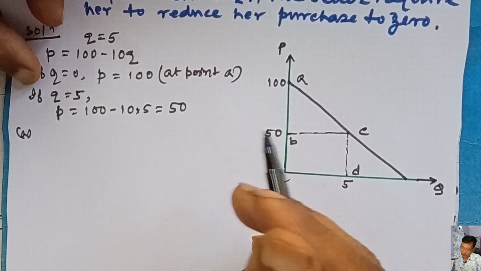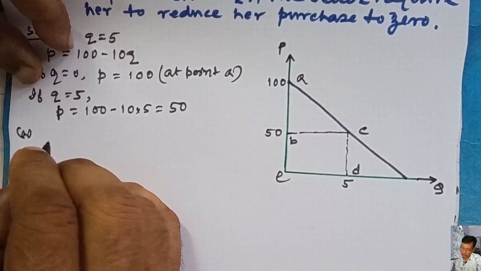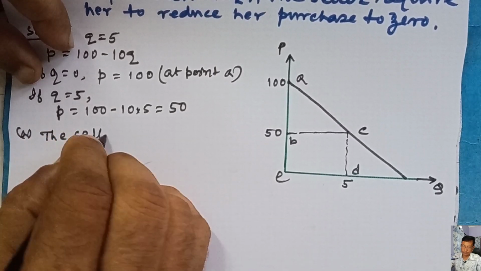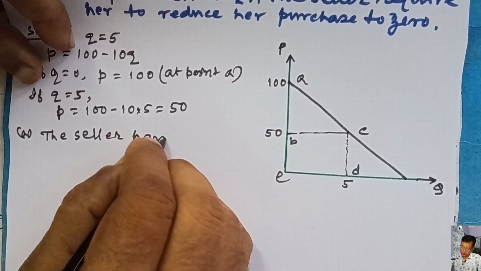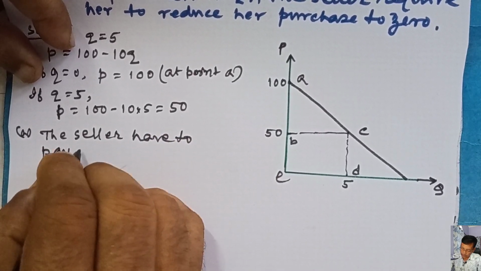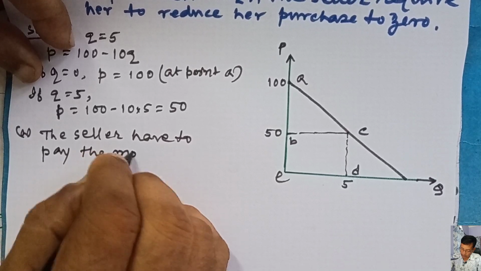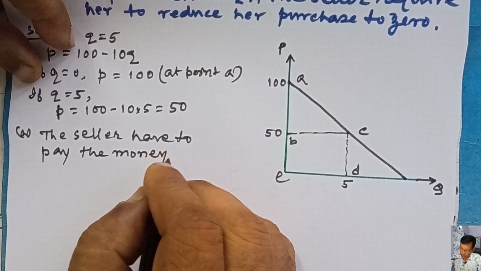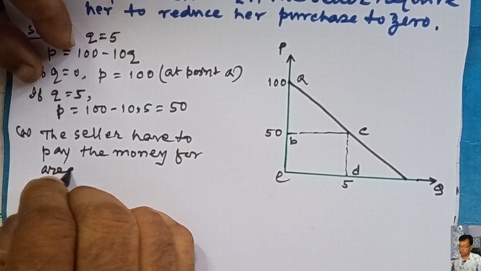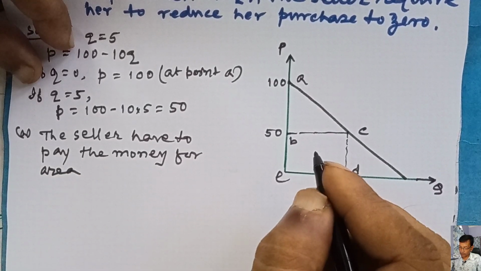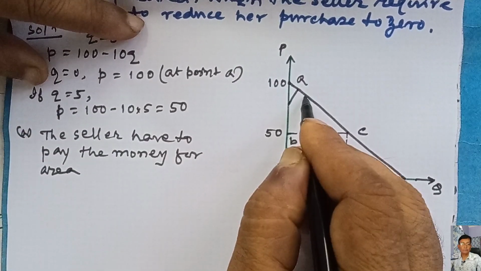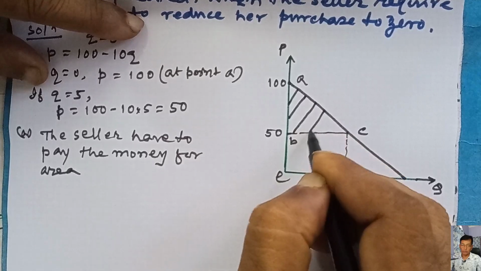Then the seller has to pay the money for area, this is consumer surplus.